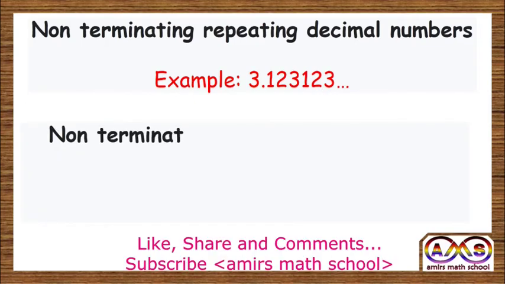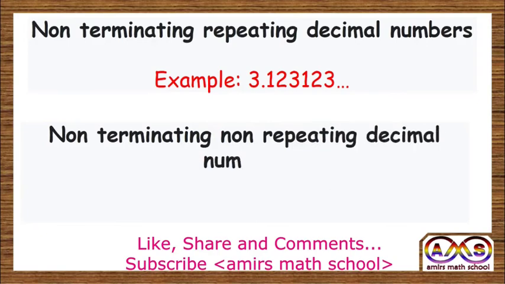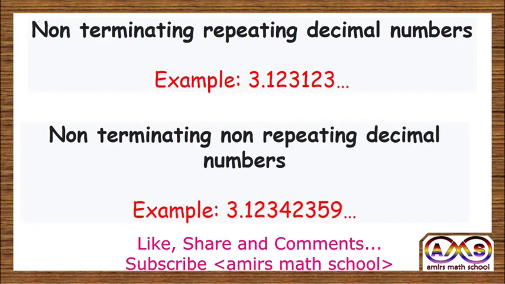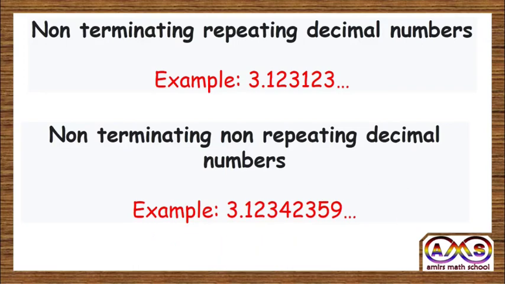Again, the non-terminating, non-repeating decimal numbers. Example: 3.12342359. Here, after the decimal point, no number is repeated. That's why this number is an example of a non-terminating, non-repeating decimal number. These non-terminating, non-repeating decimals are irrational numbers.